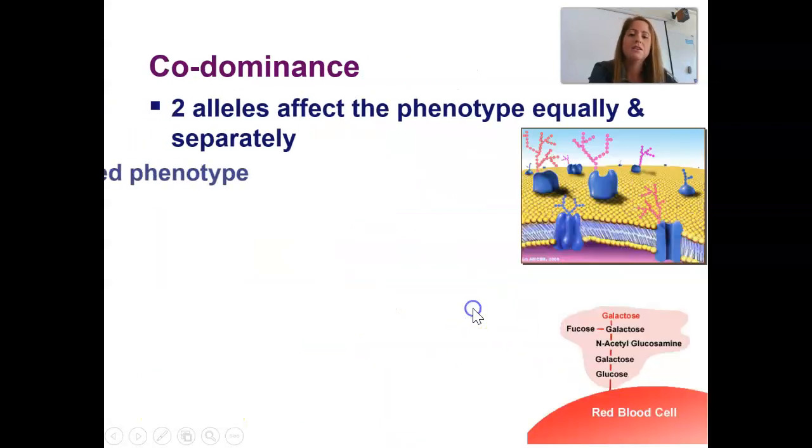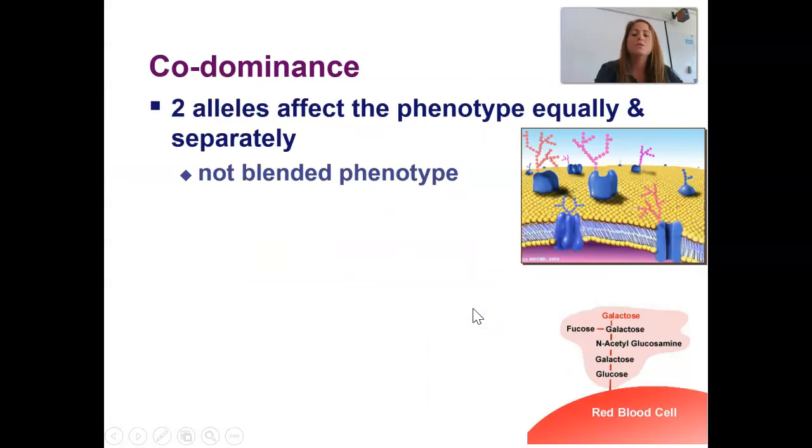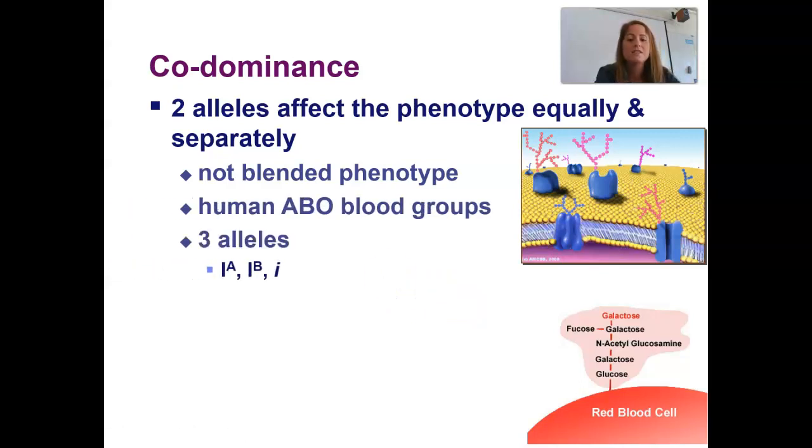Another example is codominance. In codominance, both alleles are expressed, not in a blended form, but they're just both expressed. The best example of this is human blood type. Human blood type is an example of a codominant trait, but it's also an example of a multiple allele trait, which means that we have more than 2 alleles that control the gene.